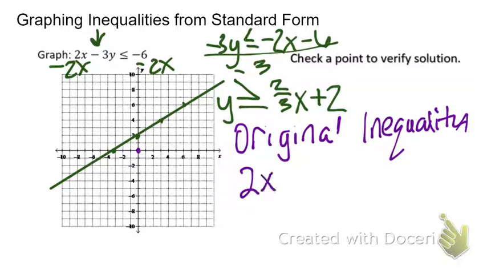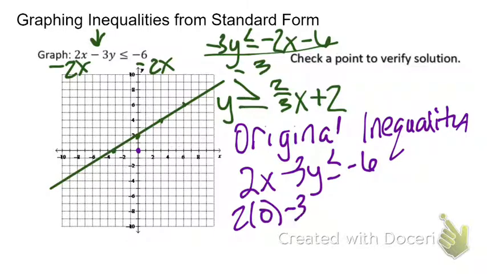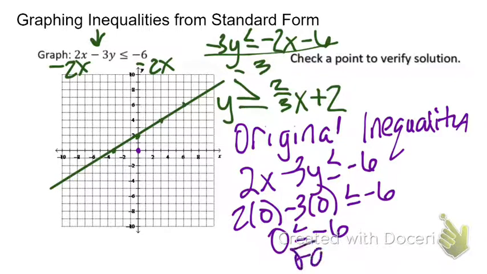So that's going to be that 2x minus 3y is less than or equal to negative 6. So if I did 2 times 0 minus 3 times 0 is less than or equal to negative 6, is 0 less than negative 6? No, that's a false statement. And so then I would think, well, maybe I was supposed to flip my symbol. And hopefully that would help you catch those types of mistakes.